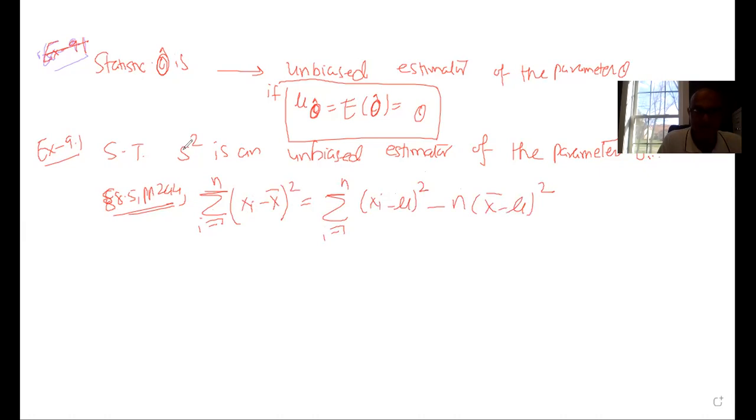We have to show that S square is an unbiased estimator, that is, that the expectation of S square is equal to sigma square.